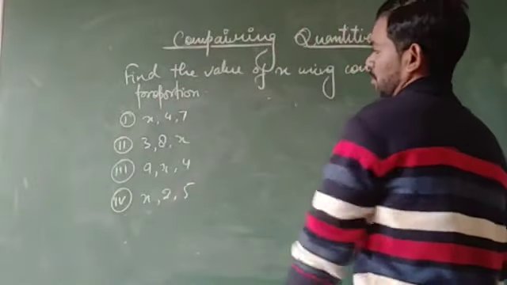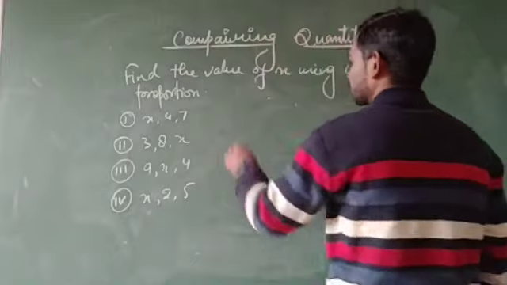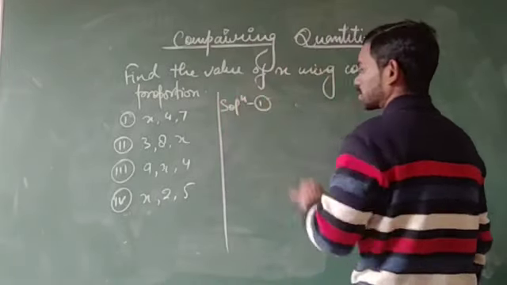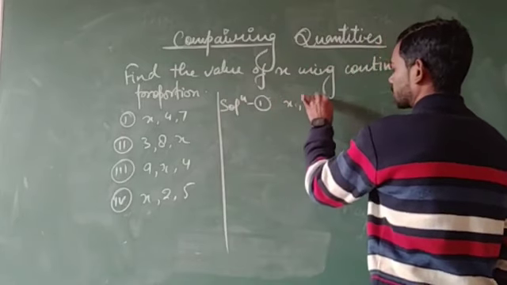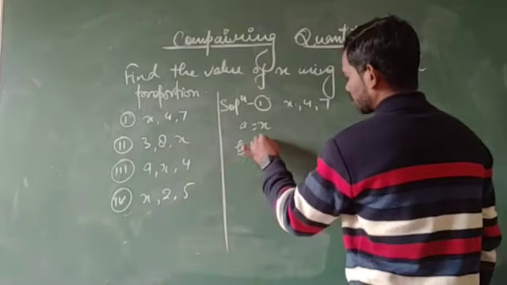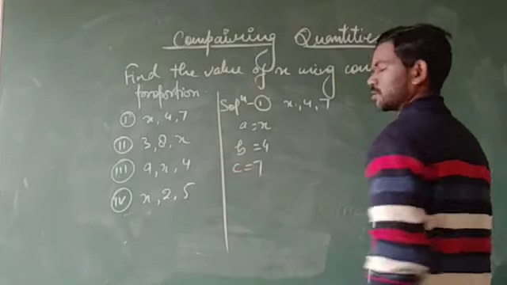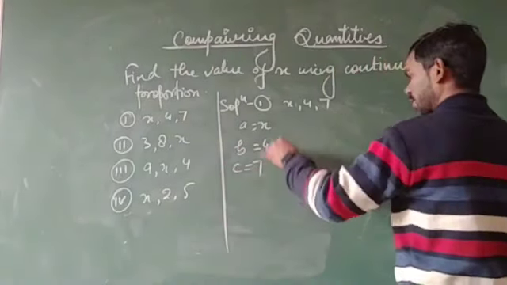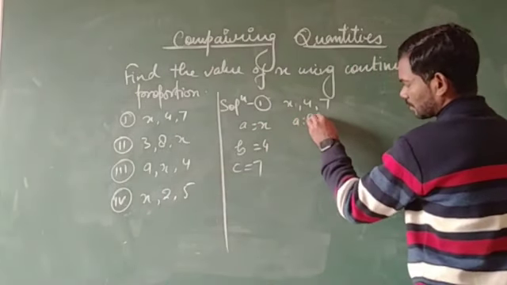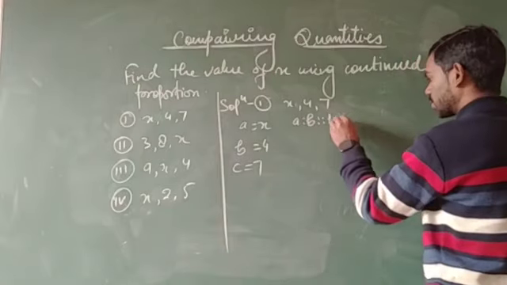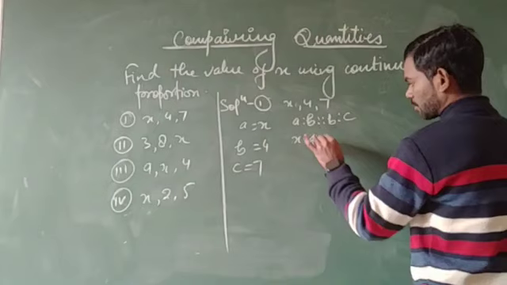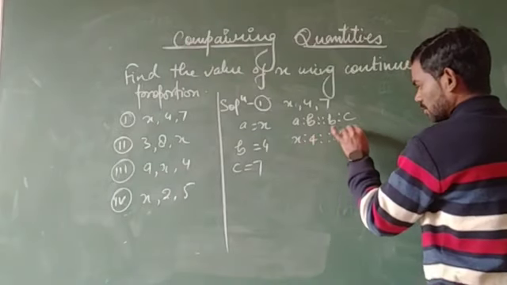So in order to solve the question, here we have the solution of the first. The given question is x, 4, 7. So A equals x, B equals 4 and C equals 7. Here we write A is to B proportional to B is to C. That means x is to 4 proportional to 4 is to 7.